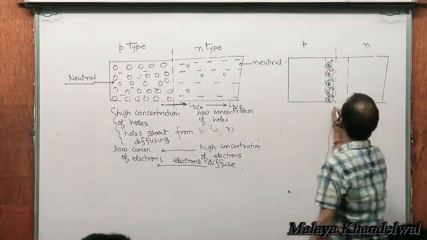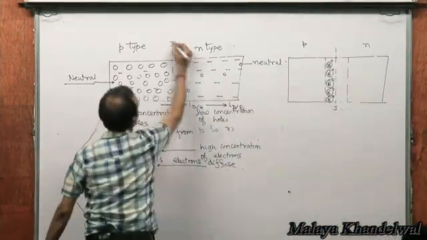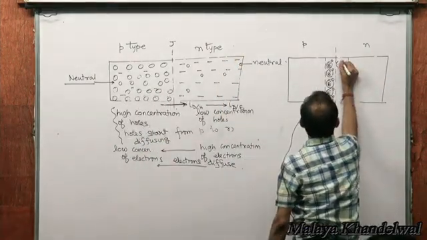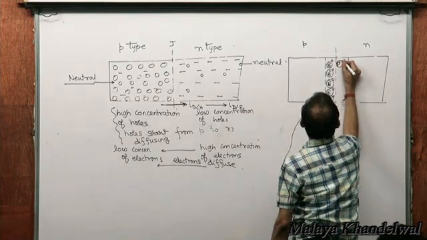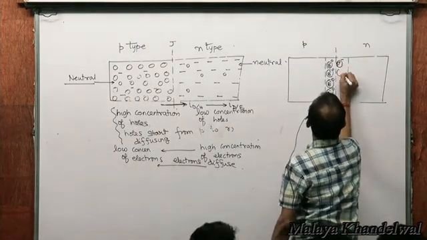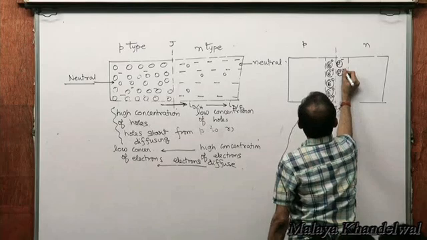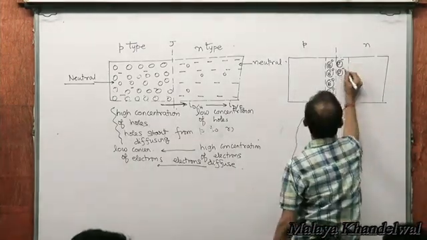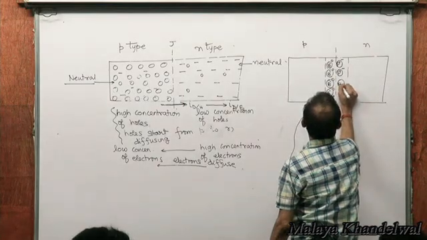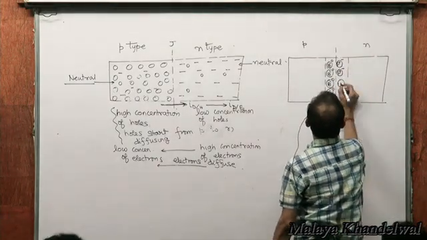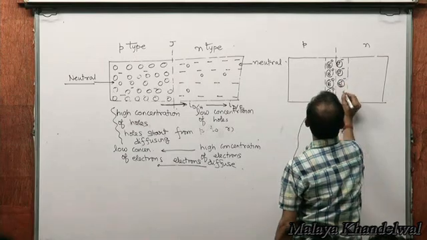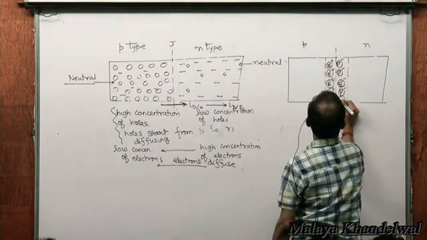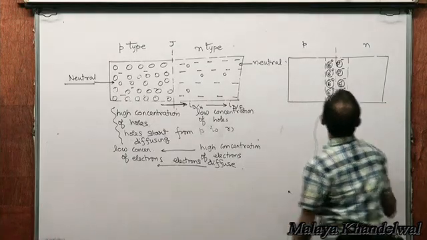This was the junction J. To the right of the junction, I would have imagined positive phosphorus ions, each accompanied with a free electron. It's not like they are present together, it's only a symbolic representation. Phosphorus plus, minus, phosphorus plus, minus.